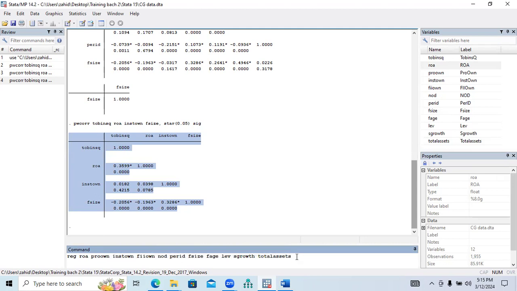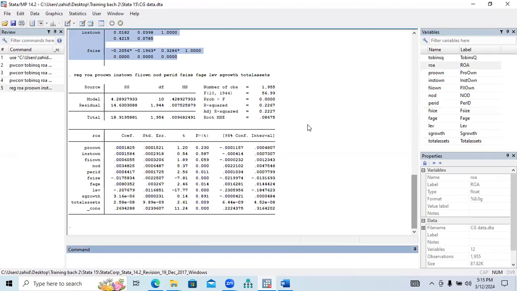You just need to press enter and you will see our regression results here. First of all, you need to understand this regression output, after which I will let you know how to create an APA style regression table using your procedure.